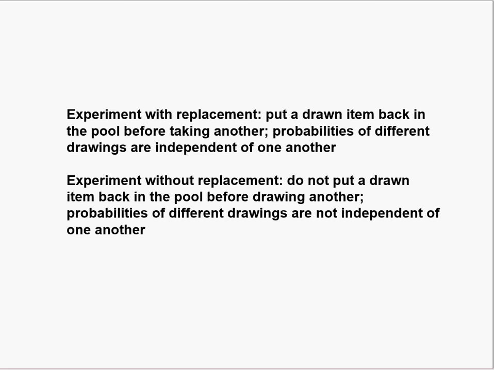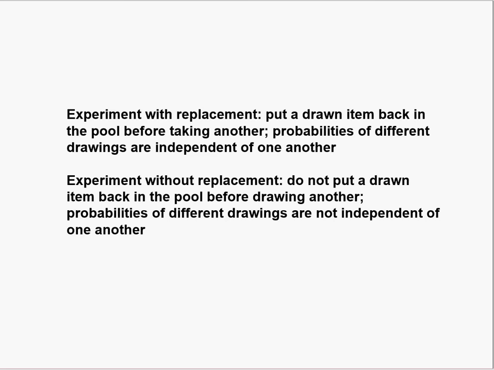So you draw an item from a pool and you see what you get. Before you draw an element from the pool again, you put it back. When you do this, the probability of getting a certain item in different drawings will not change. They are the same. We say the probabilities of different drawings are independent of each other.